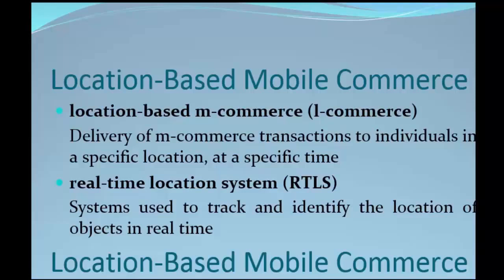Real-time location systems are used to track and identify the location of objects in real time. Global positioning system is almost the same thing, but real-time location systems usually were used in the army or the military, and that's how they started out. But then they made their way to the commercial sector as well, and they're used for a lot of applications.